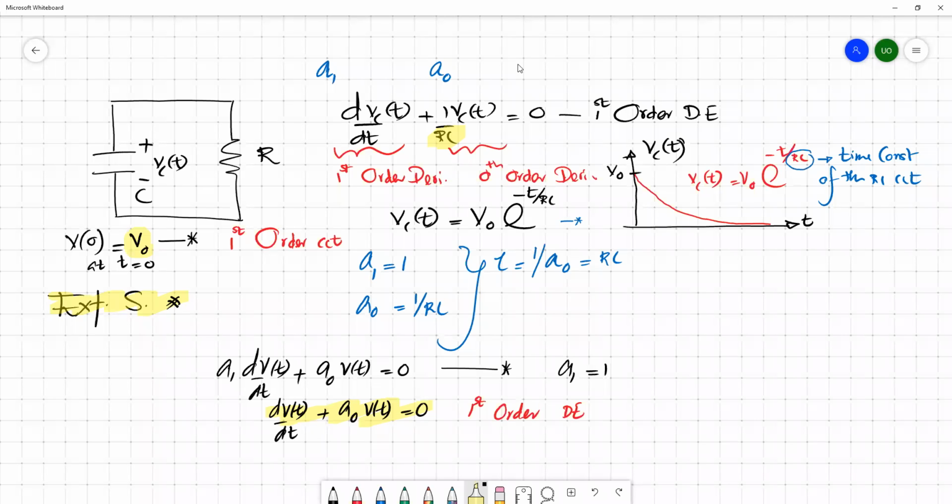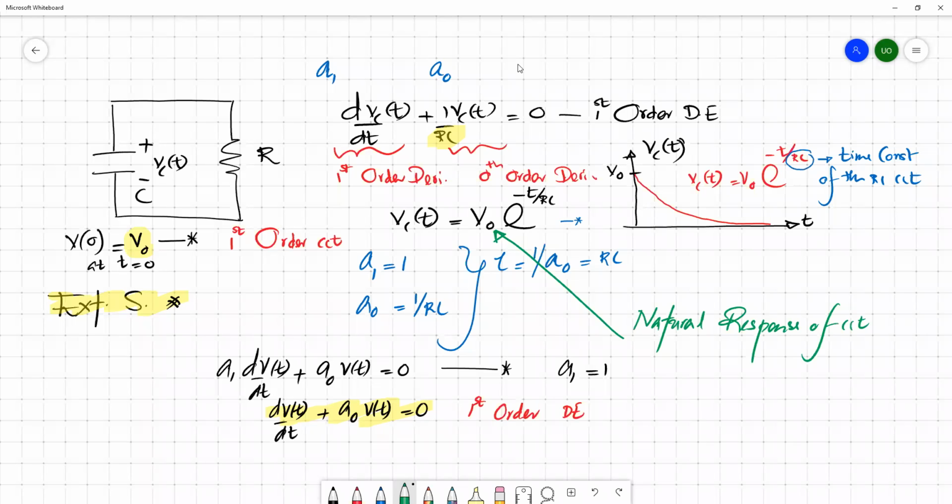Whatever output we obtain here is known or defined as the natural response of the circuit.